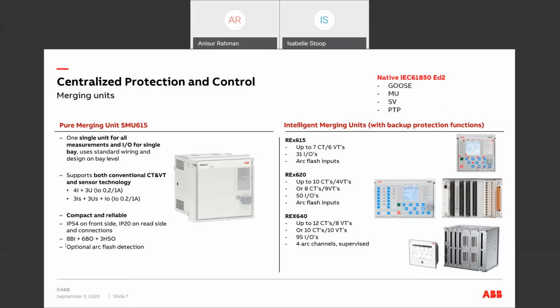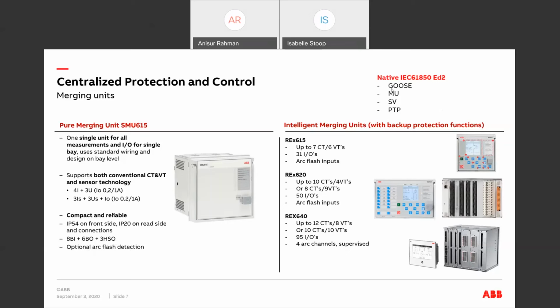Also, it has input output with 3 high-speed outputs for the arc flash detection system. In addition to that, all our 615, 620, and 640 relays come by default with that merging unit.